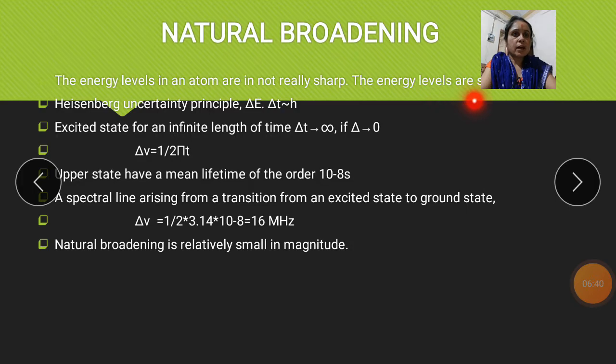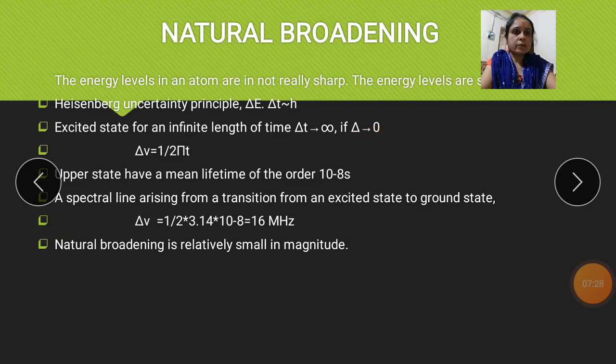According to the Heisenberg uncertainty principle, delta E times delta t is approximately h. It is impossible for an atom to stay in an excited state for an infinite length of time, which would mean delta t tends to infinity and delta E tends to 0.